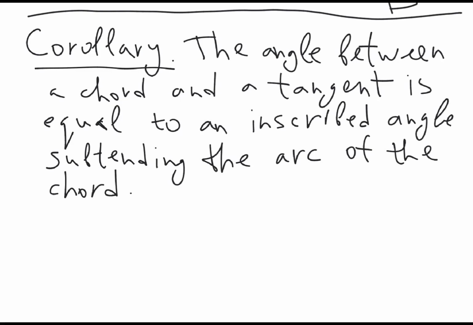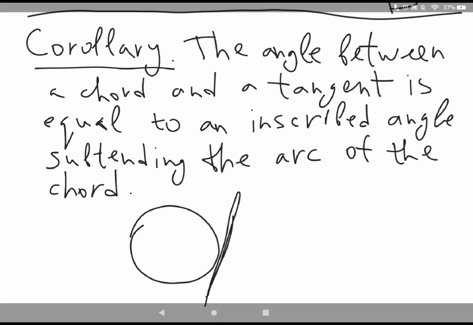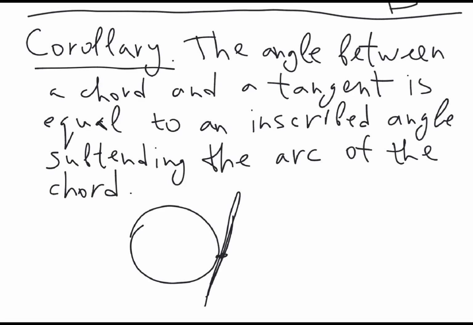So basically, let's draw a picture. We have a circle, we have a tangent that touches at point T. We have a chord, and this angle is equal to any inscribed angle subtending the same arc of the chord.